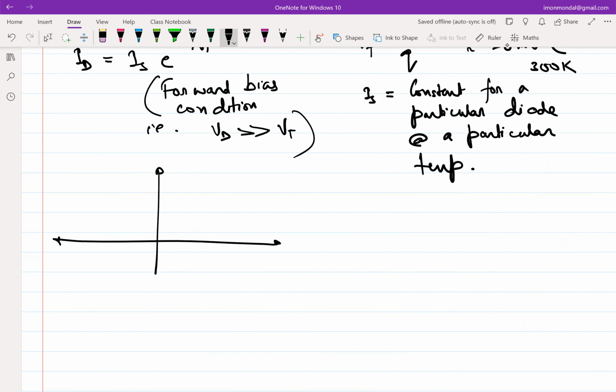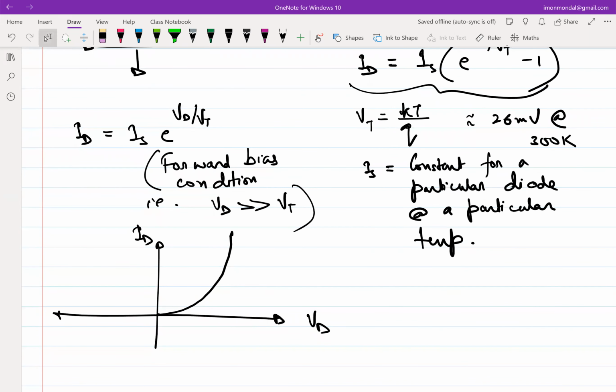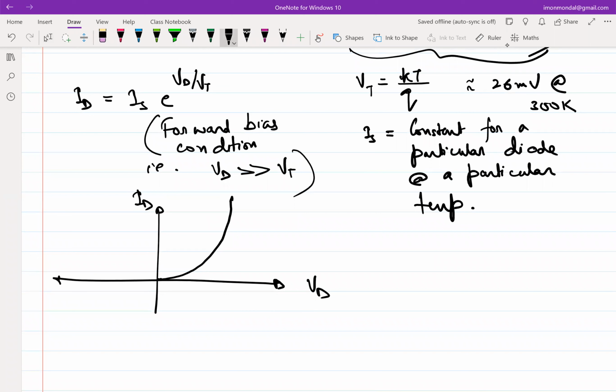sketch the ID and VD for this diode, this will look something like this at forward bias condition, but what happens at negative VD? Yeah, it will saturate to minus IS, right?